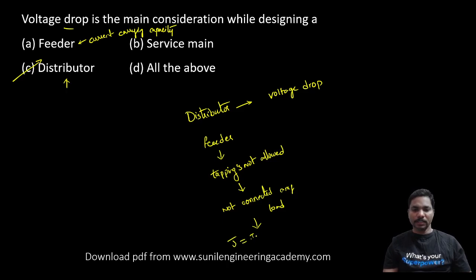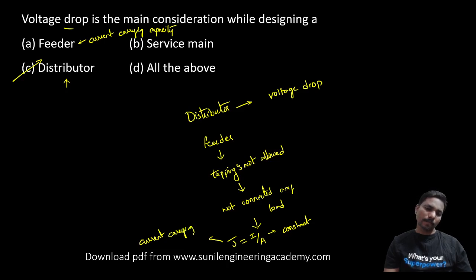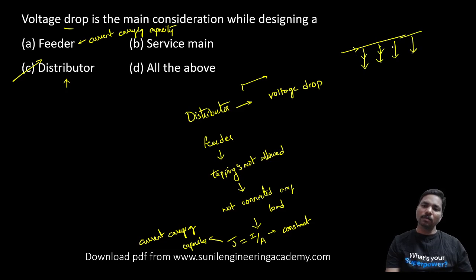So we have to maintain it constant, depending upon current carrying capacity. Here in the distributor, we have to take the tappings. Whenever some amount of current is flowing through this, some voltage drop takes place.